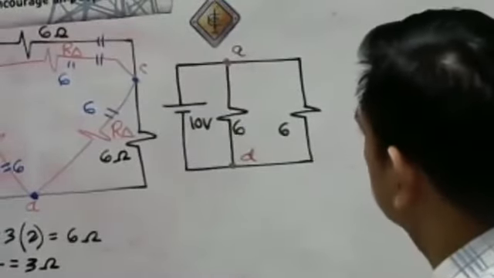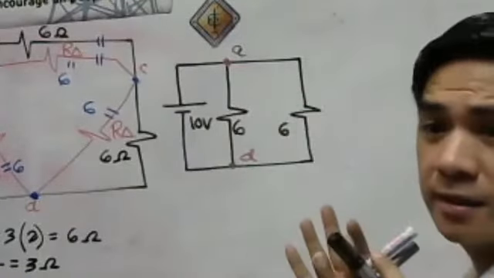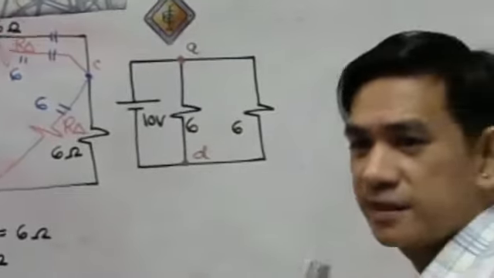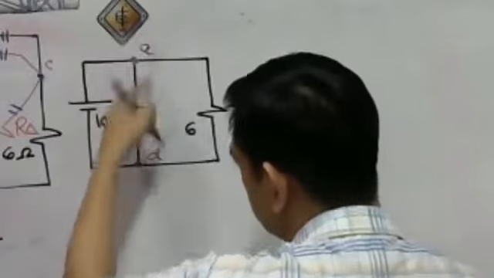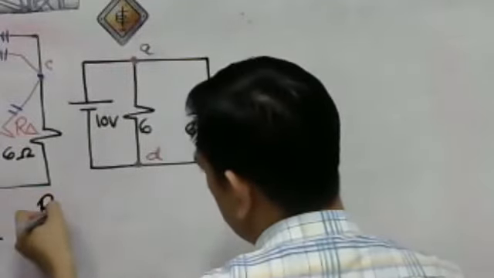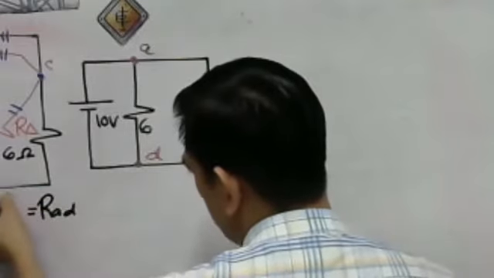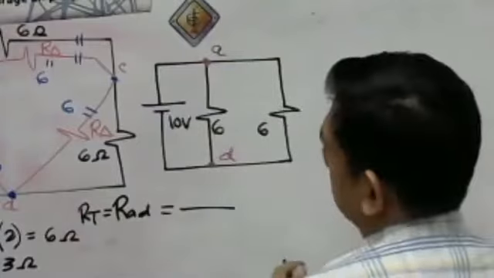At points A and D, what will be our equivalent resistance? Let us have here our RAD, which is simply equal to our R total. Again, how to get it?